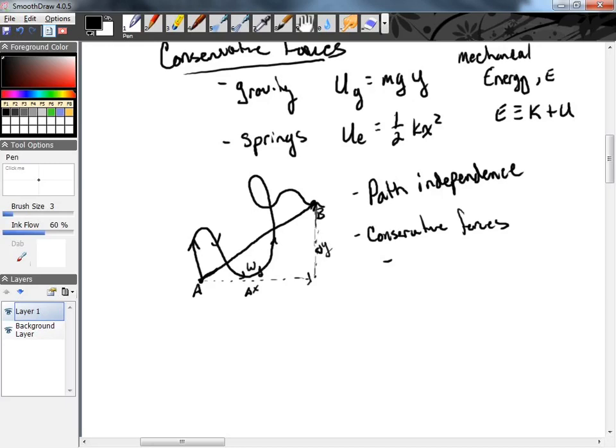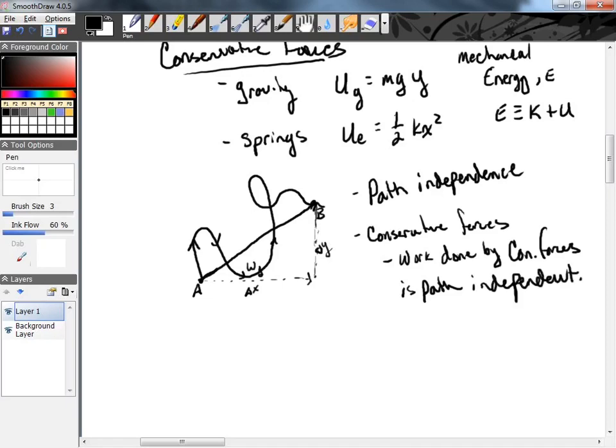It is path independent. Okay, the work done by conservative forces is path independent. It doesn't matter how you go.